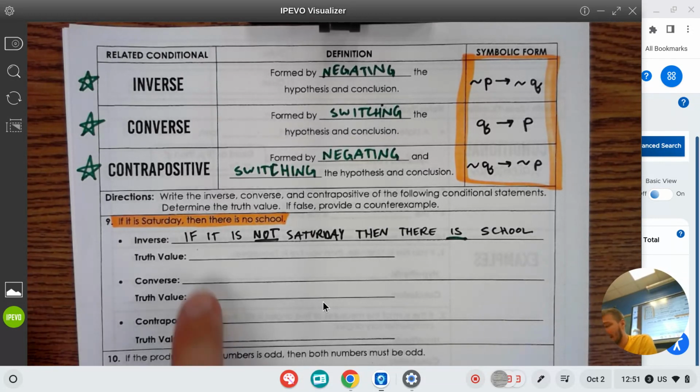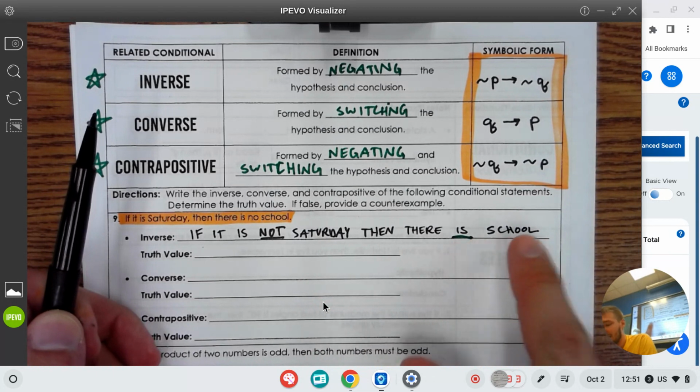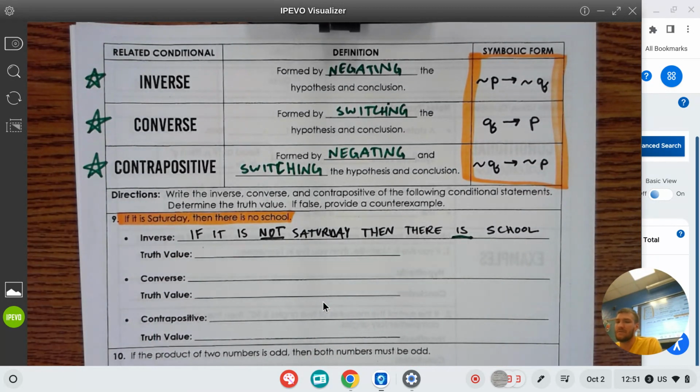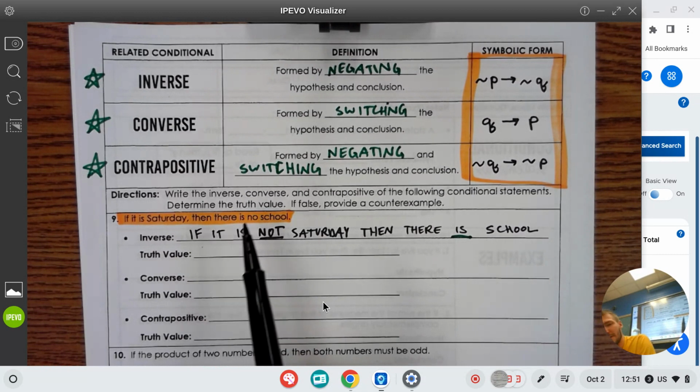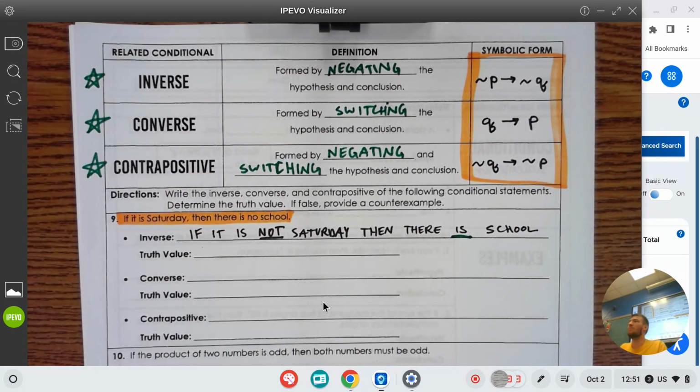So what do you guys think about that? If it is not Saturday, then there is school. Is that true or is that false? If we look at these directions, it says, if false, provide a counter example. What do you think? Is it true or is it false? It'd be false because that includes Sunday.